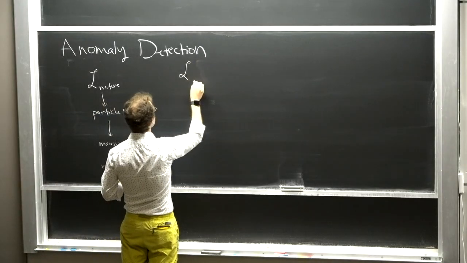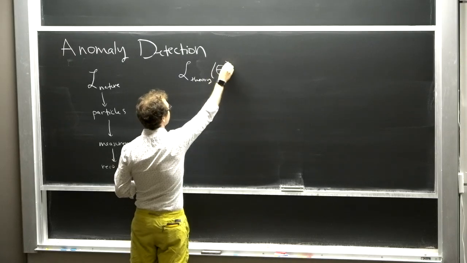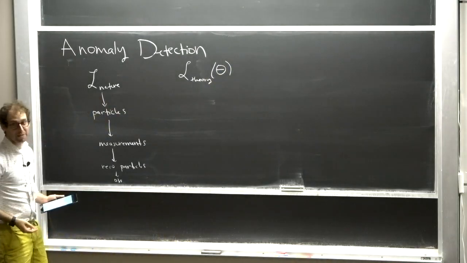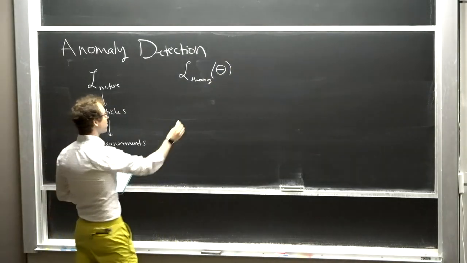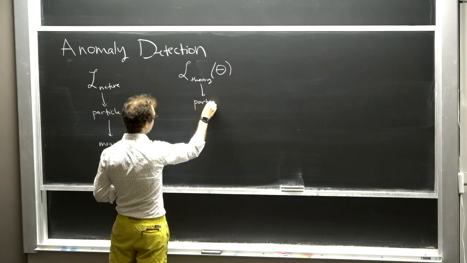And on the theory side, we have some theory which is parameterized by some parameters, and we want to see if that's a good theory or not. So we have basically exactly the same path on that side.